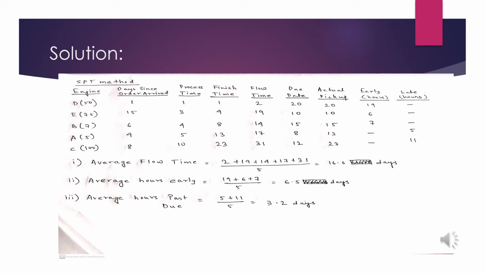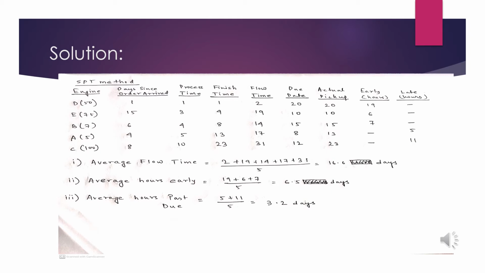D has finished the work at 1, but since its due date is 20, the actual pickup day will also be 20, so the work has been completed early by 19 hours. E finished at 4, but the due date is 10, so the pickup will also be at 10, which gives us early hours of 6.